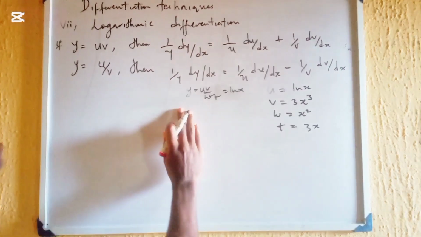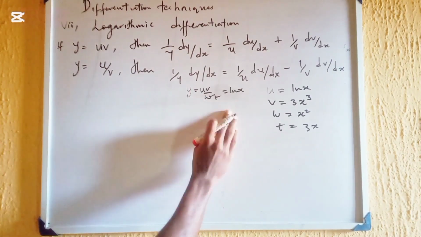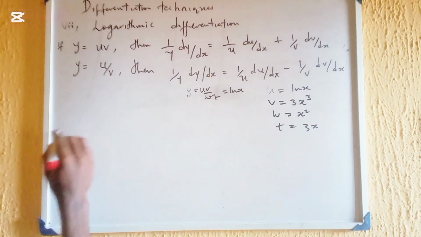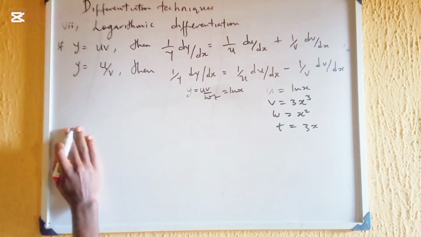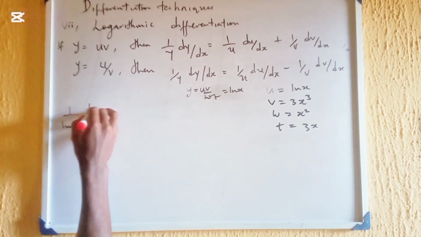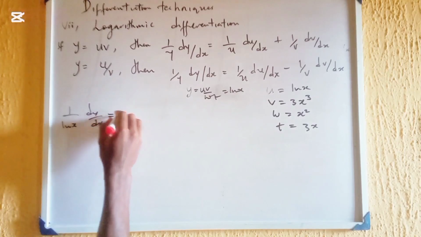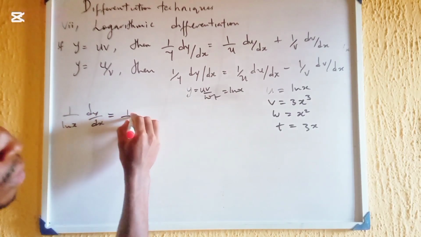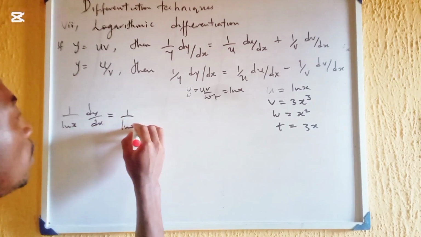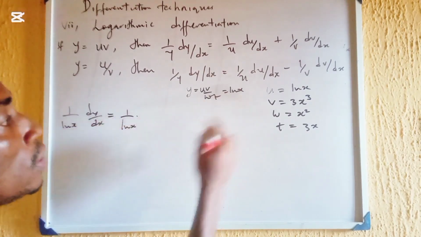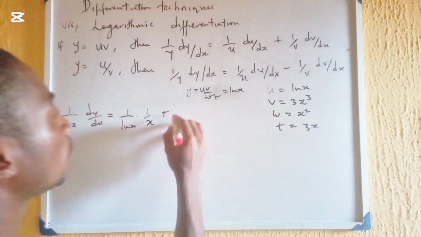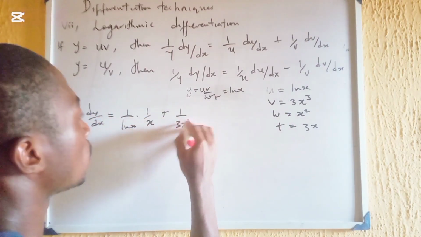Now, since we have y equal to uv over wt, remember we got ln x as y before we differentiated. Now, let's see what happens if we use the logarithmic differentiation method. We'll have 1 over ln x dy/dx equal to 1 over, that's for u, we have ln x into du/dx, that's 1 over x, plus for v, we have 1 over 3x cubed.